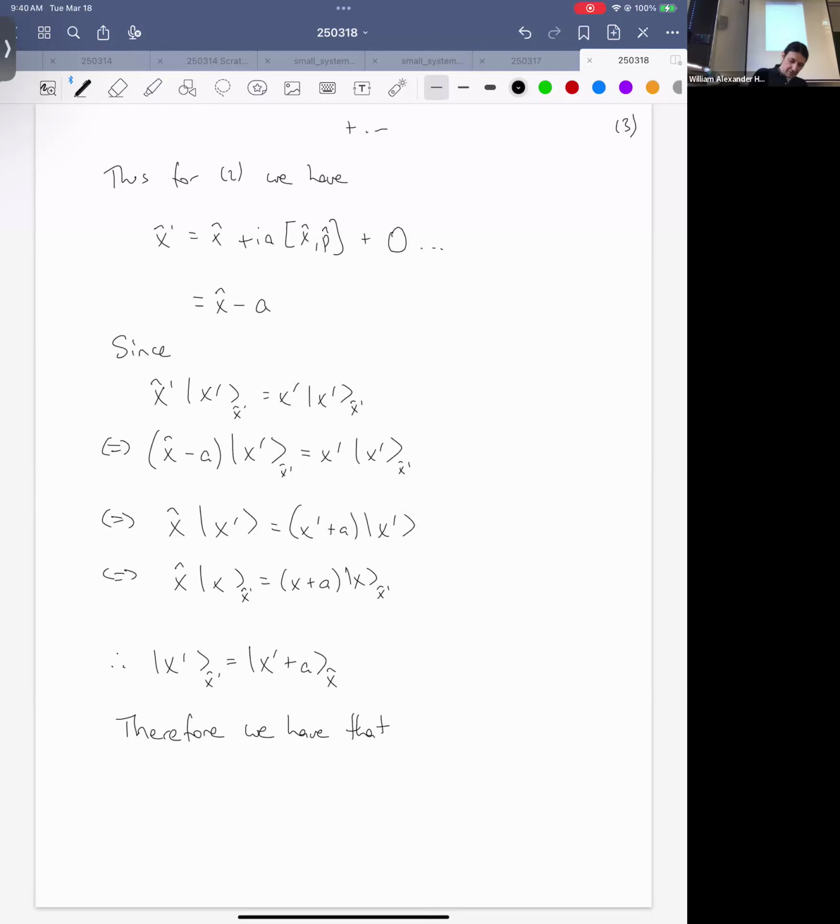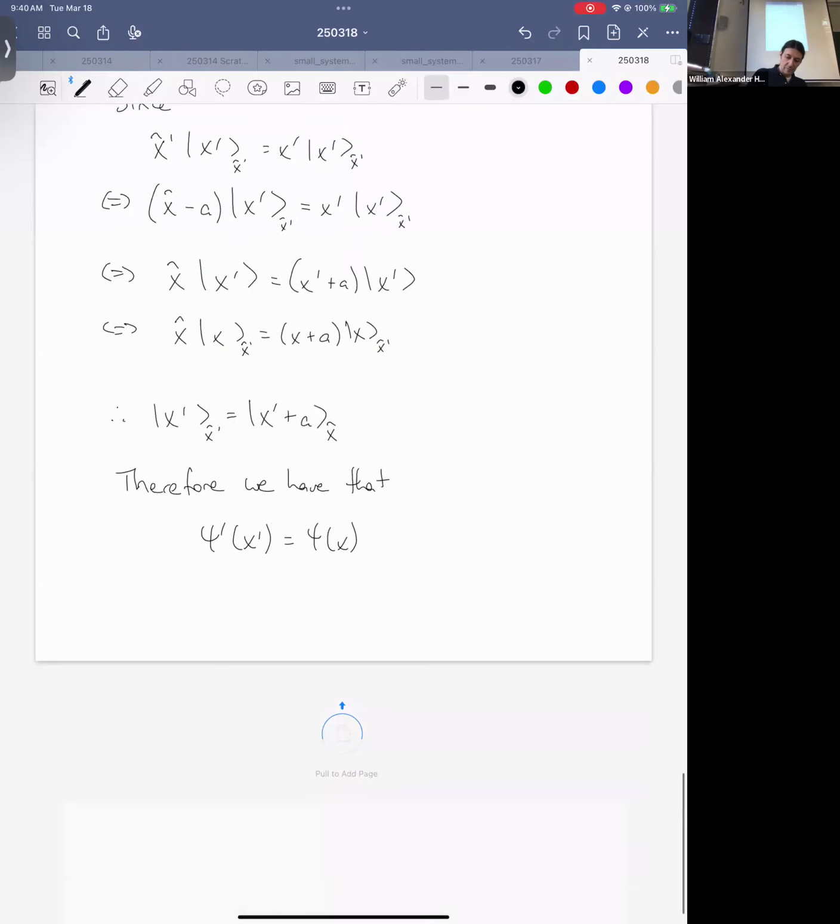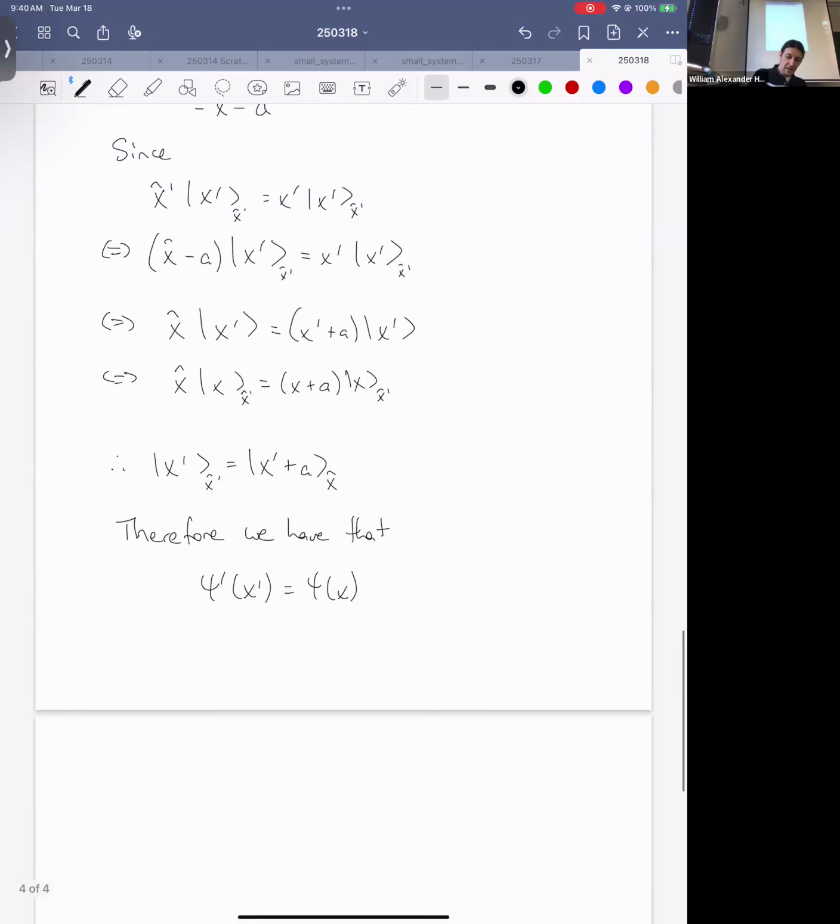So I want to see this in the passive transformation, right? So we know this is the expression that we have from when we talked about f prime of x prime is equal to f of x. And this psi prime of x prime, this is x prime psi prime. And on the right-hand side, we have x psi.